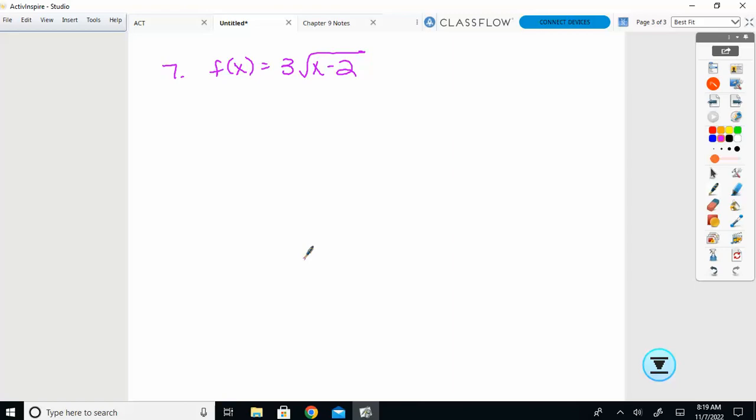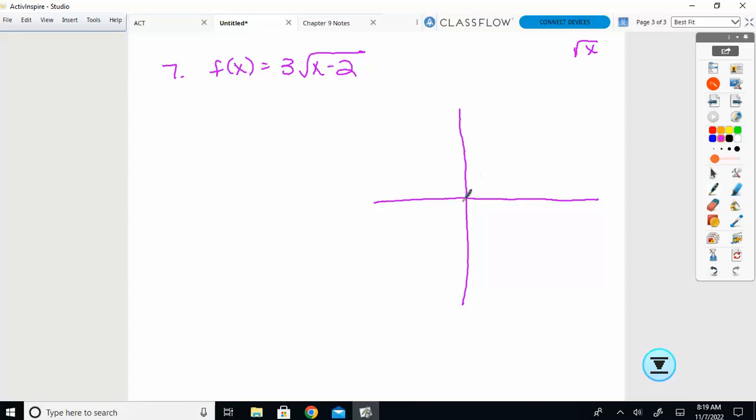Parent function has to have a minimum of 3 exact points. What is my parent function? Of x equals the square root of x. Square root of x. Okay. So you'll get a point just for drawing in that parent function.